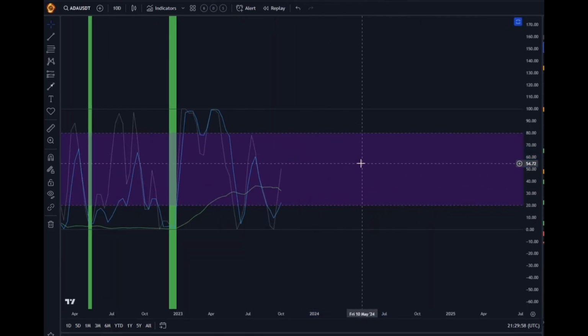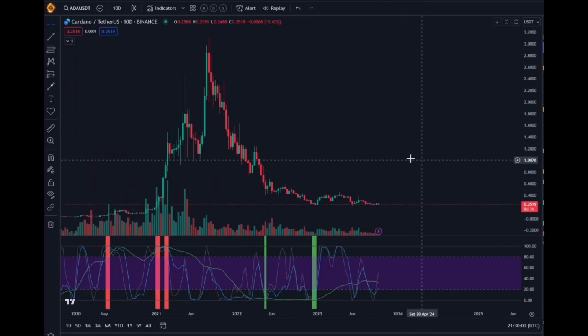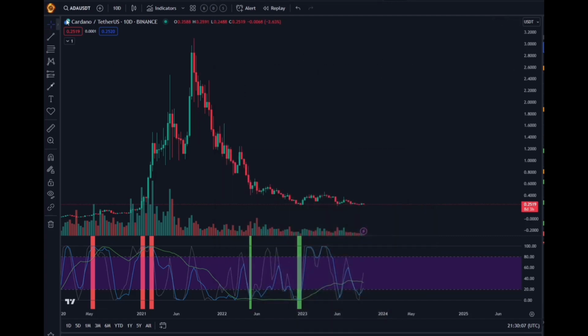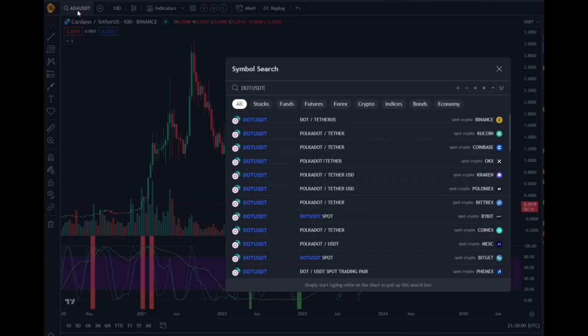So I'm dismissing this one. You already have several ones to inspect. And then moving on, you have DOT. If it looks the same, I'm gonna be dismissing it, not sure.